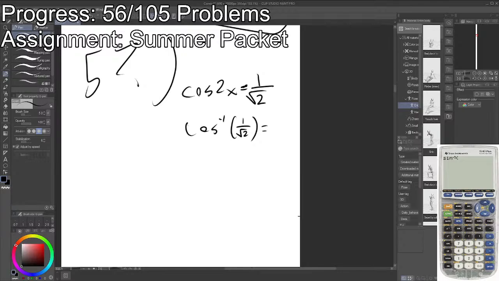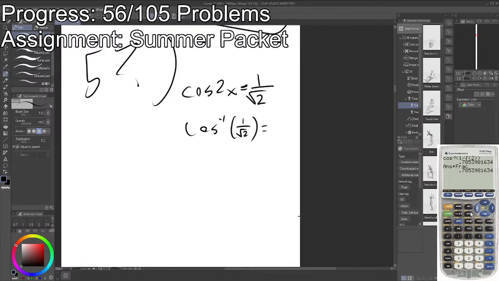Wait, it's cos, not sine. Okay, then we say like fraction.